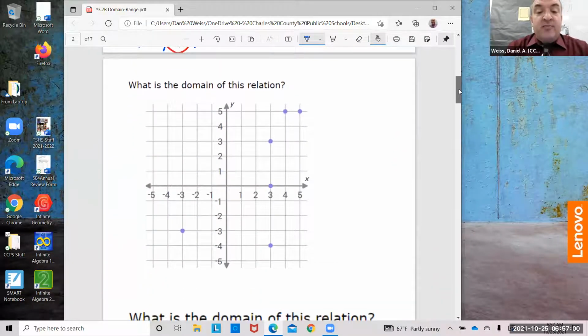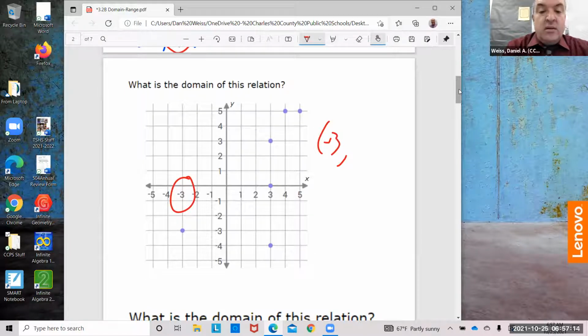What's the domain? The domain is -3, +3, +4, +5.